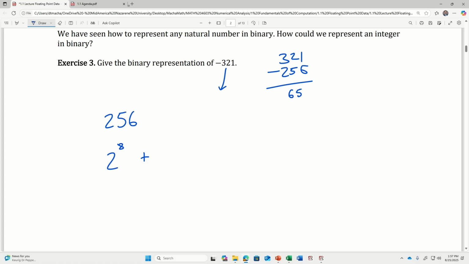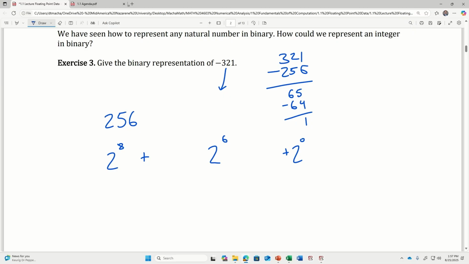And what power of 2 is as big as you can get while still being less than 65? 64. And 64 is 2 raised to the power 6. Then if I subtract 64, I get 1, and that would be 2 raised to the 0 power. So 2 to the 8th power plus 2 to the 6th power plus 2 to the 0 power.